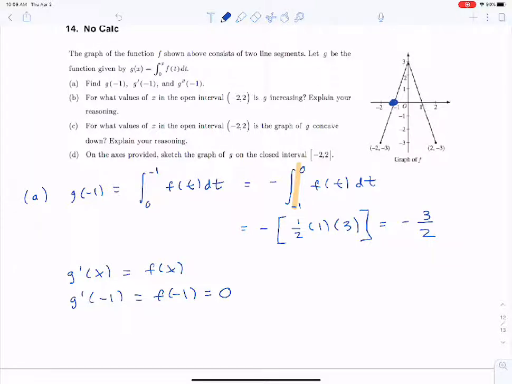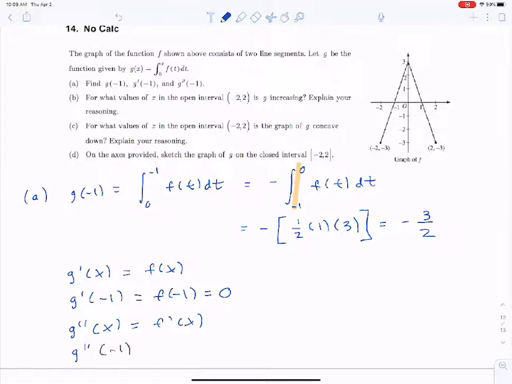Okay, last part of A. I'm going to take g double prime of x. I think you guys would agree g double prime of x is going to be f prime of x. In this case, we're going to evaluate this at -1 again.